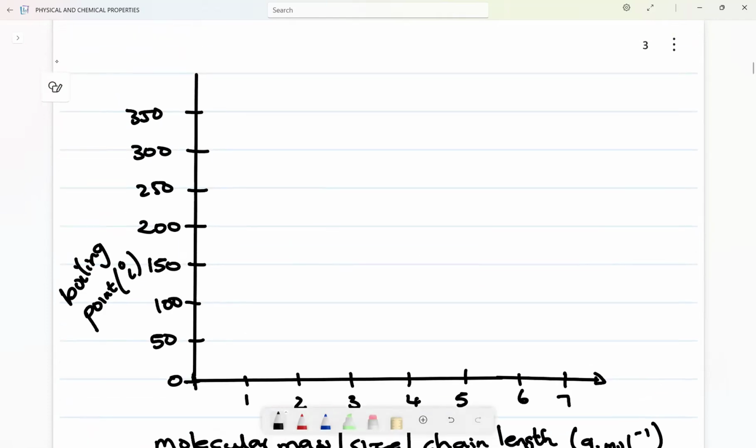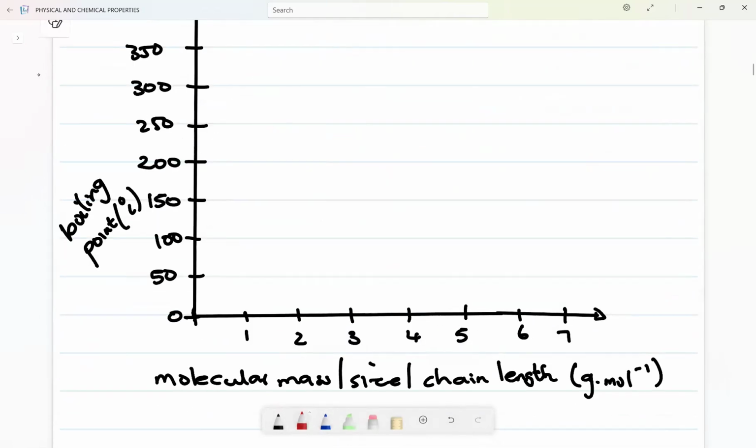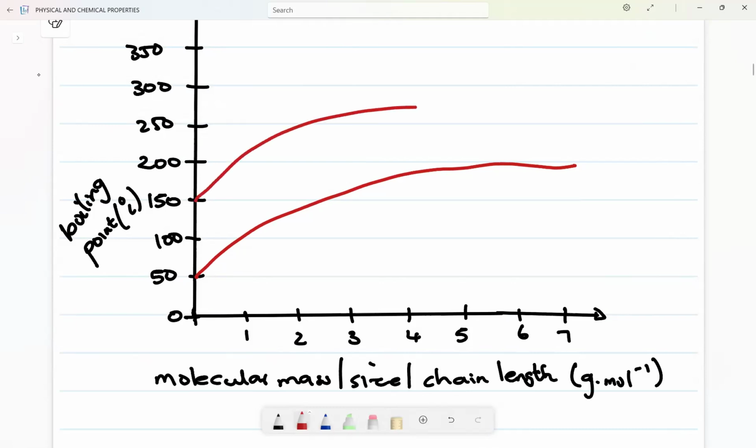Let's say now we have three different compounds. Maybe the first one being here, the second one being here, and the third one being there.